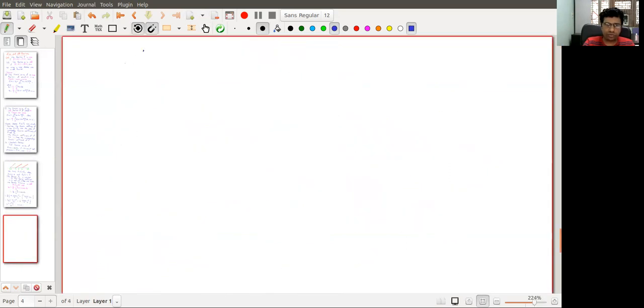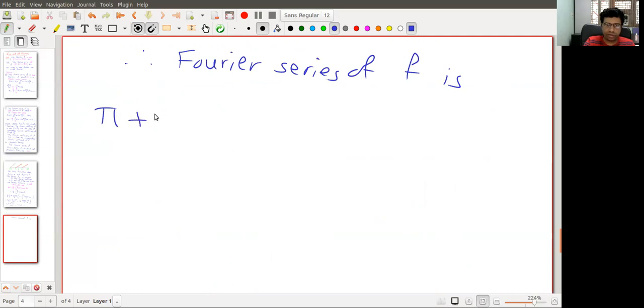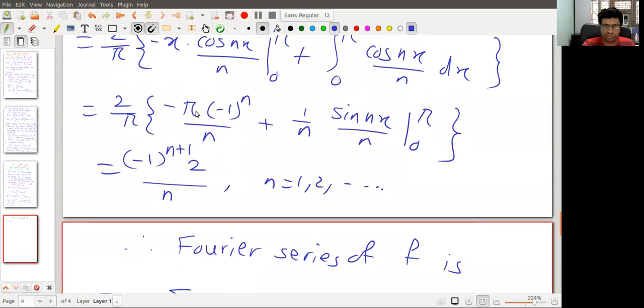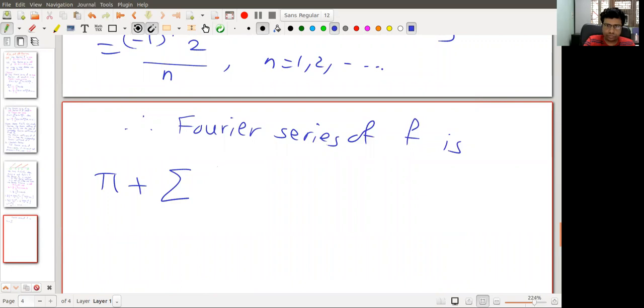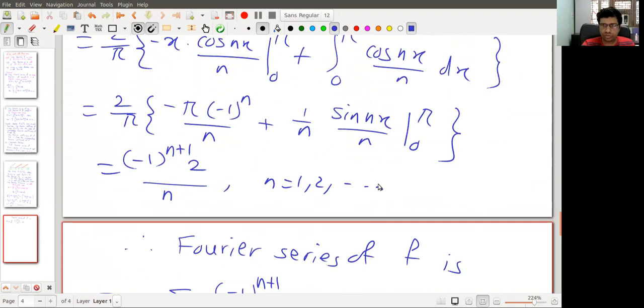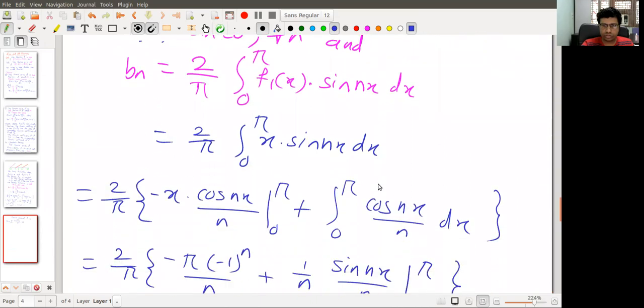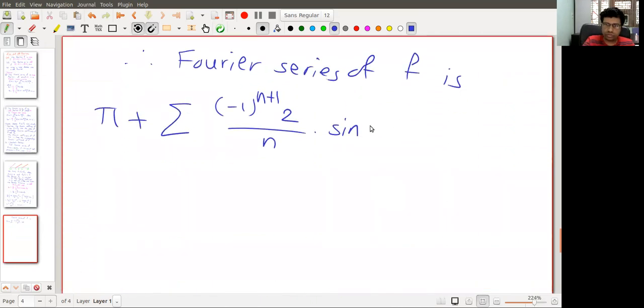Therefore the Fourier series of f is a0 of f2, that is pi, plus the bn's, which are non-zero for f1, and these are minus 1 raised to n plus 1 into 2 divided by n, into sine nx, summed over n from 1 to infinity.